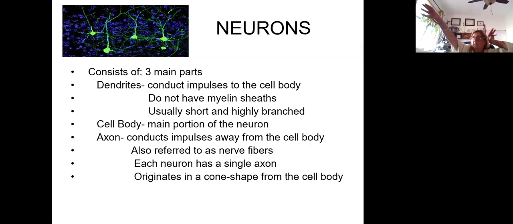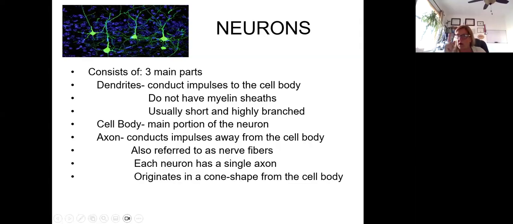Your axon is reaching away from your cell body and transferring information to the next neuron, but not to another axon, rather to another dendrite that then pulls that information into the cell body.